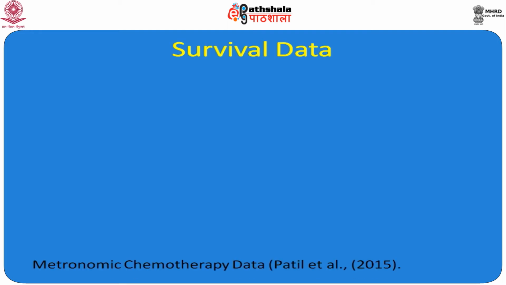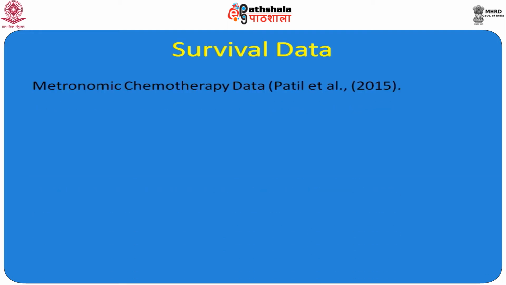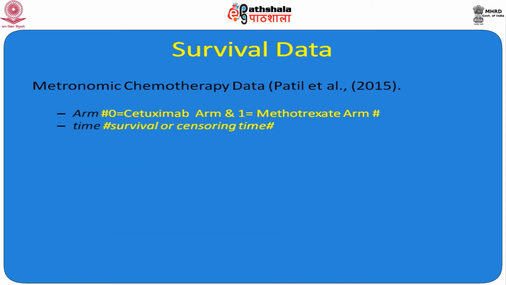This data is taken from a metronomic chemotherapeutic trial published by Patel et al. in 2015 in the Journal of Oral Oncology. A partial data set is considered here, where arm is denoted as 0 for the cetuximab arm and 1 for the methotrexate arm. Time variable is considered as survival or censoring time.